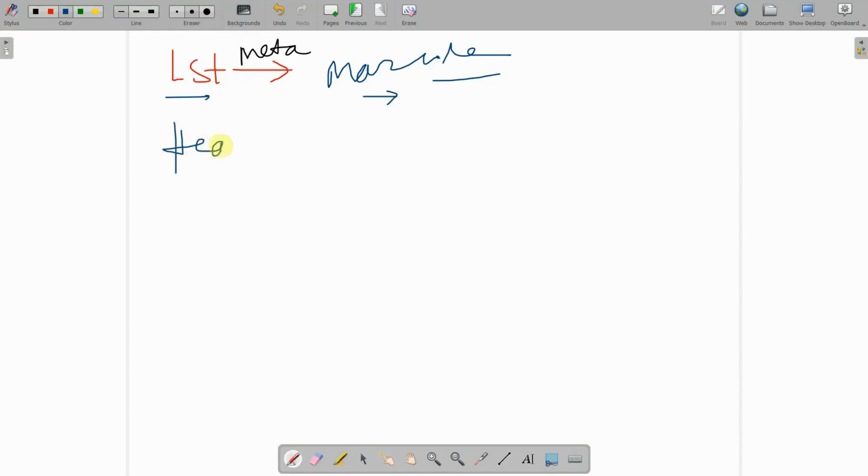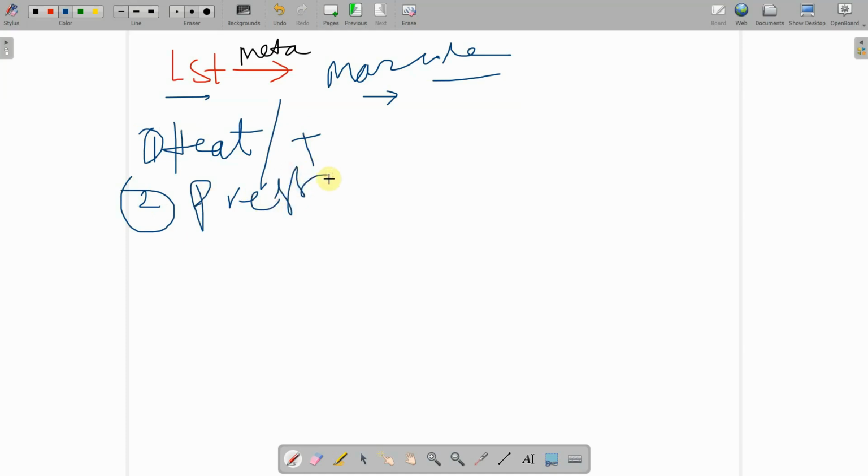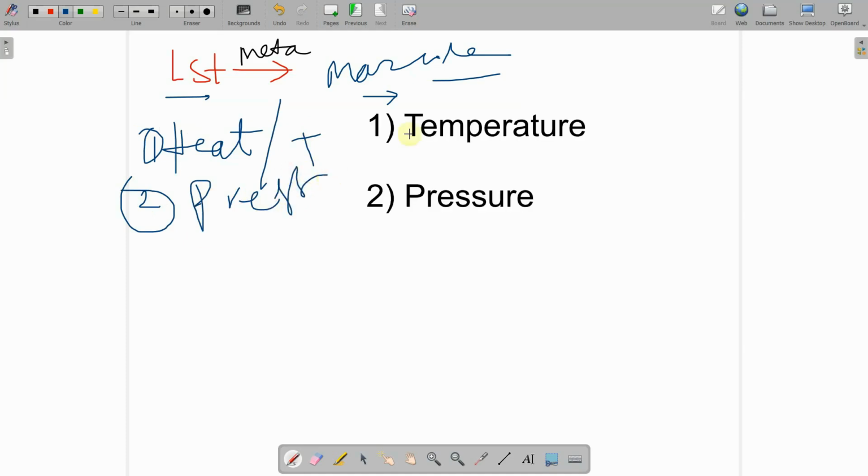One is heat, the temperature. The second, most important, is pressure. Heat means temperature, and pressure. So these are the two agents of metamorphism.